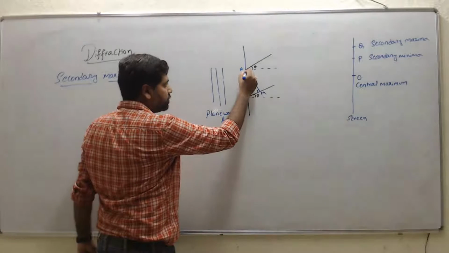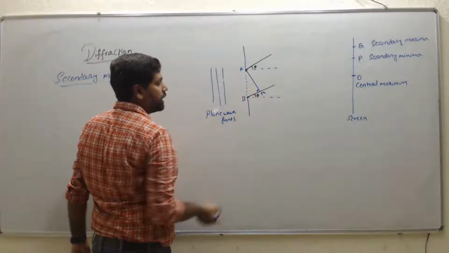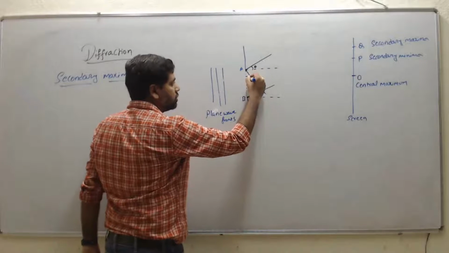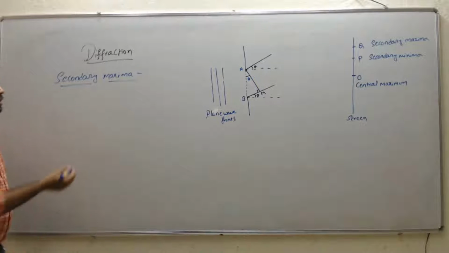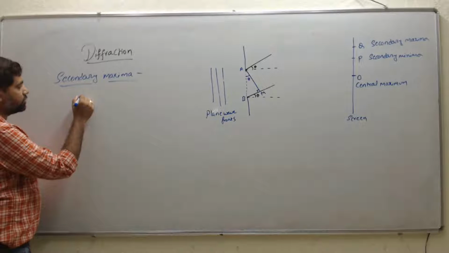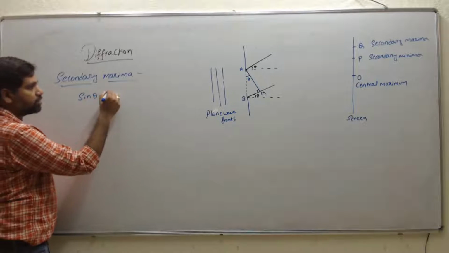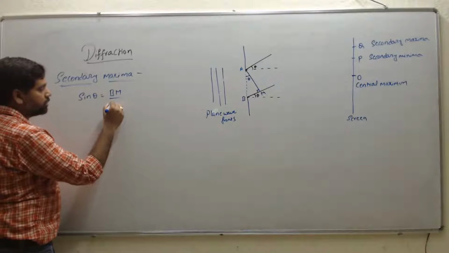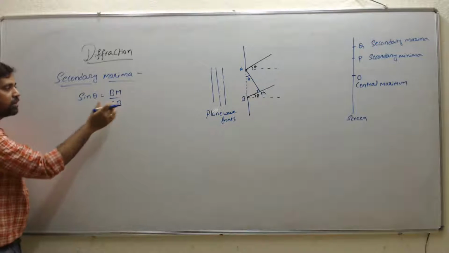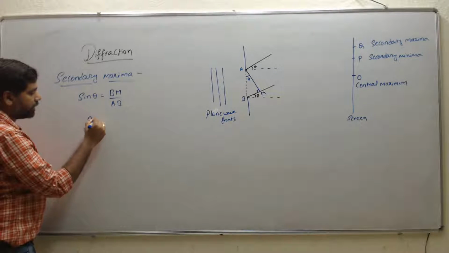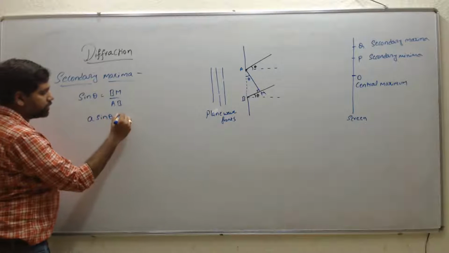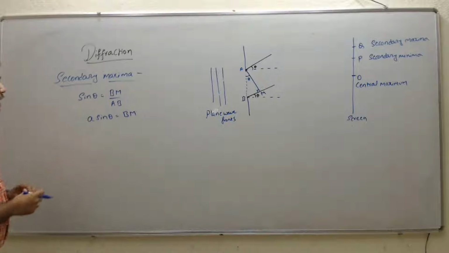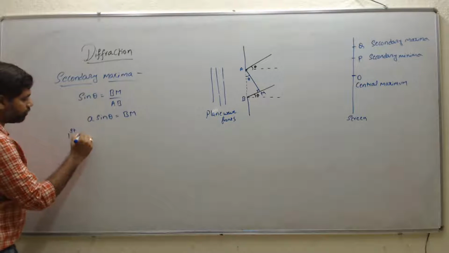Here the wavefront is AB, and the angle becomes theta. For the path difference, sin theta is equal to the opposite, BM, divided by the hypotenuse AB, and AB is the slit width. Then we can write a sin theta is equal to BM. Now we are going to find the first secondary maxima.